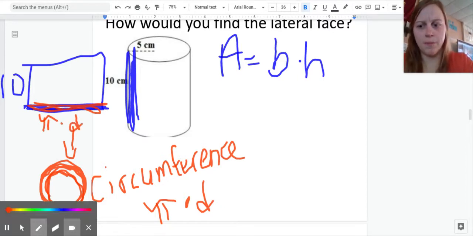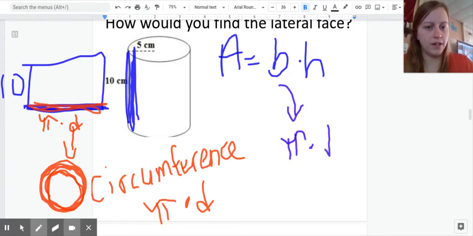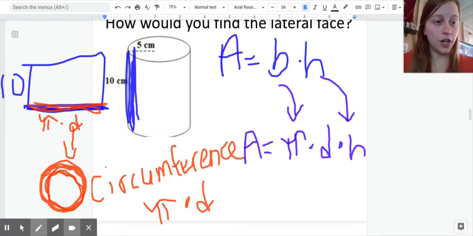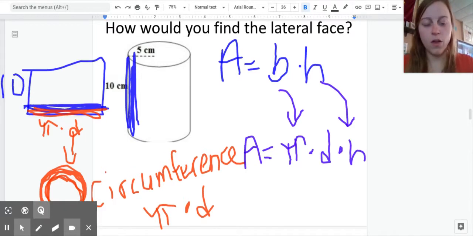So I'm going to rewrite my formula. The base is pi times diameter, and then we can times by my height. So the area of the lateral face, we can find by doing pi times diameter times height.